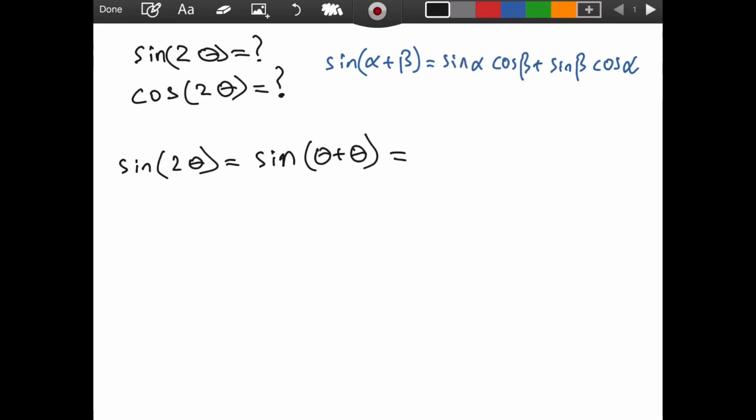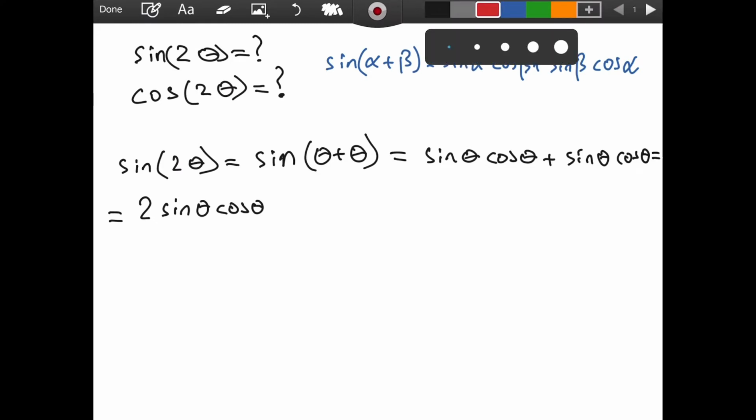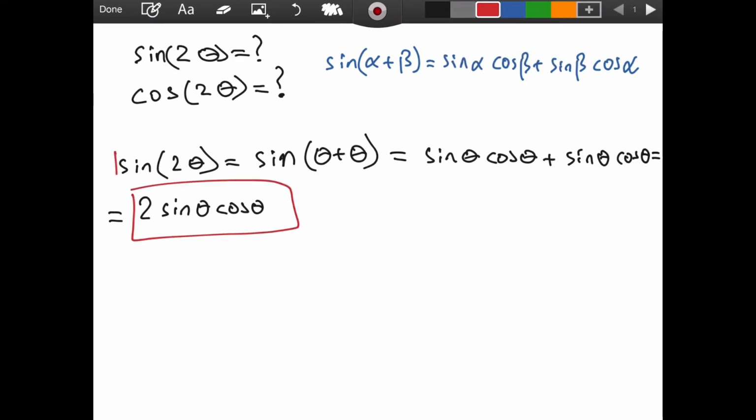So we will have sine of theta times cosine of theta plus sine of theta cosine of theta. And look at this, we have the same term twice, so we can say it is 2 times sine of theta cosine of theta. And this is one of the equations. We are already halfway done.